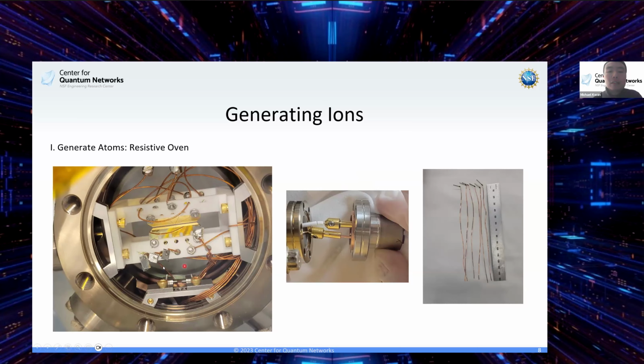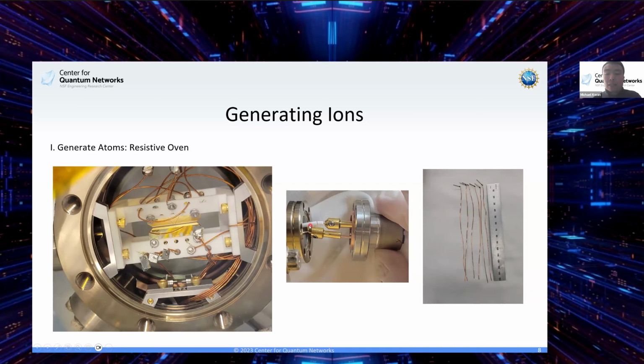Those are located here. And the other end of the copper wire is attached to the oven, the vacuum feed-through out of the system. You'll notice on this image that we have ceramic beads or Kapton coating that insulates the copper leads to ensure that all the current is flowing to the oven, not to the ground of the trap.